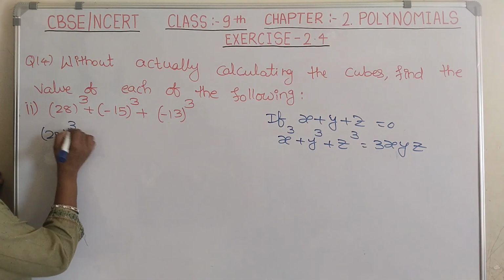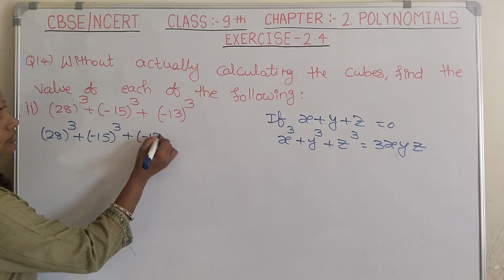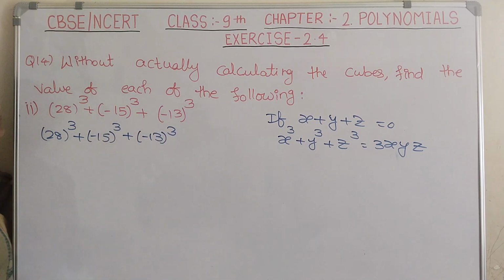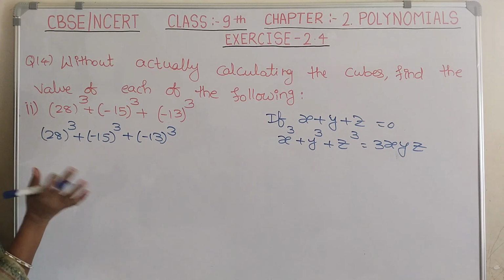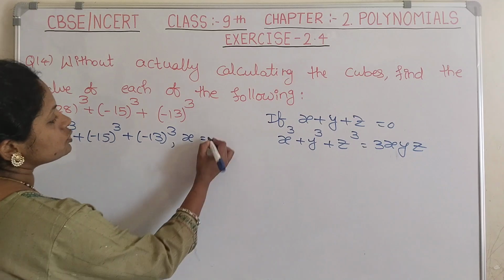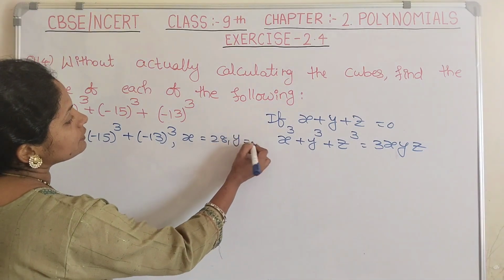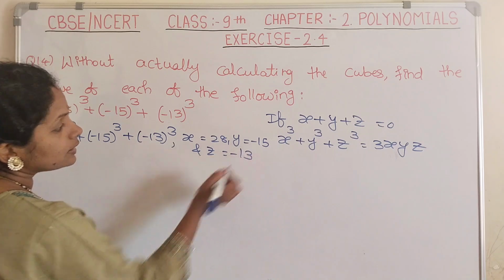First of all, let us check whether x plus y plus z equals 0 or not. Here we take x equal to 28, y equal to minus 15 and z equal to minus 13.